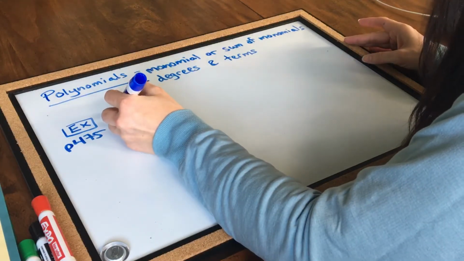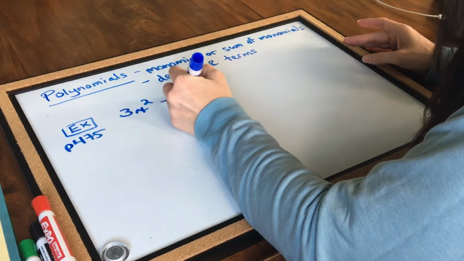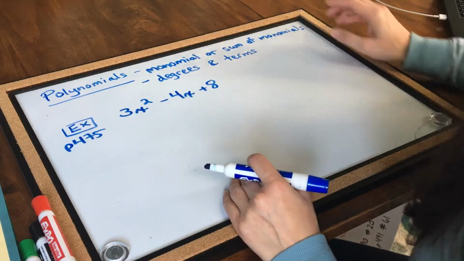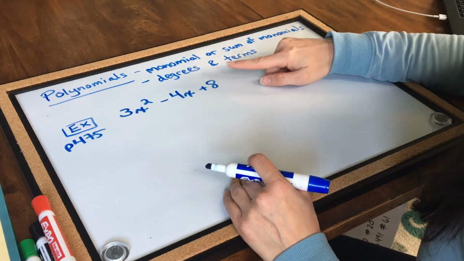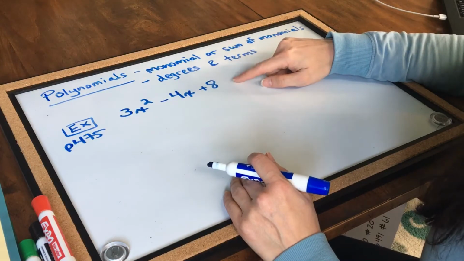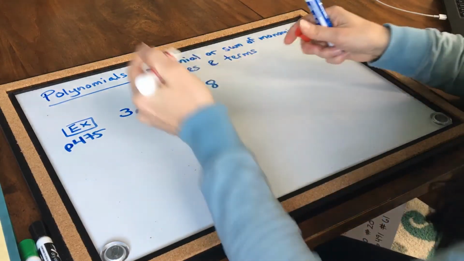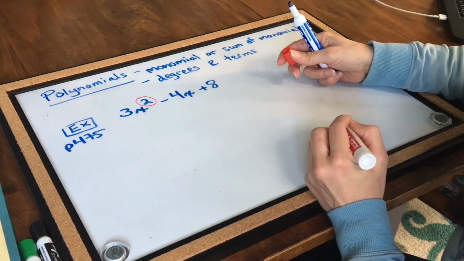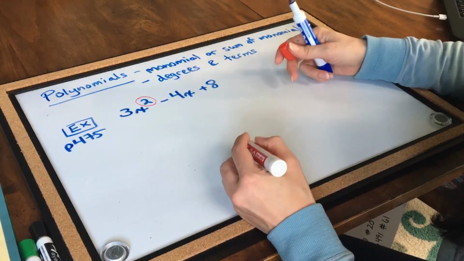Let's take 3x squared minus 4x plus 8. This particular polynomial is a degree 2. Why is it a degree 2? Well, the degree is whichever the largest exponent is. We look at all the different terms, and the degree is the largest exponent.